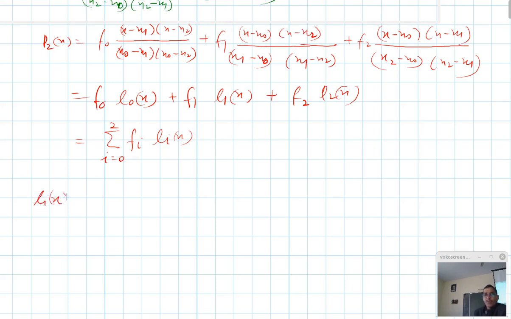Here Li(x) is the product of x minus xj over xi minus xj, j varies from 0 to 2, and j is not equal to i, because this can never be equal to this one.